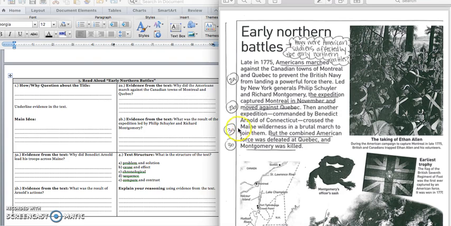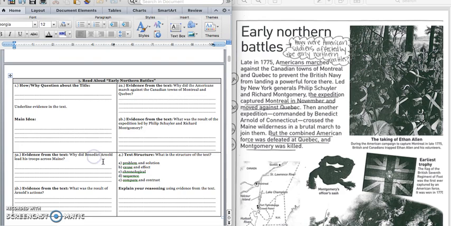If I go back to the sentence before that, I know he's joining the New York generals, Philip Schuyler and Richard Montgomery. So Benedict Arnold's group of soldiers met Philip Schuyler and Richard Montgomery's soldiers at Quebec so that they could team up to fight against the British.